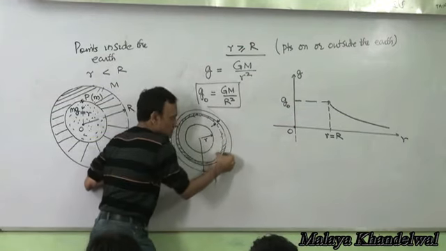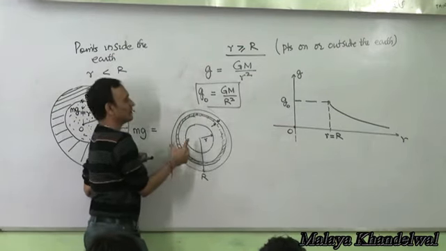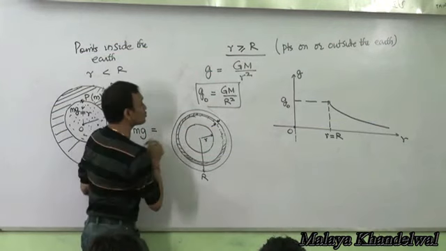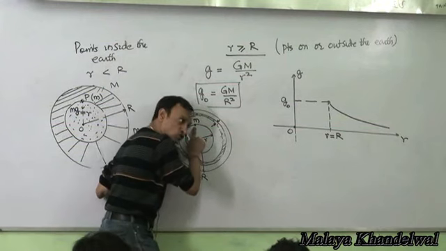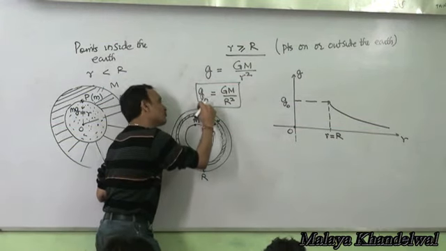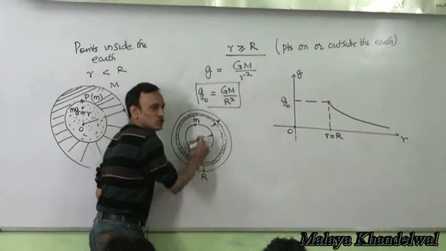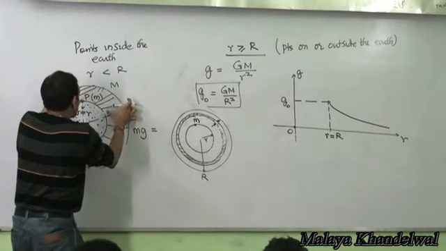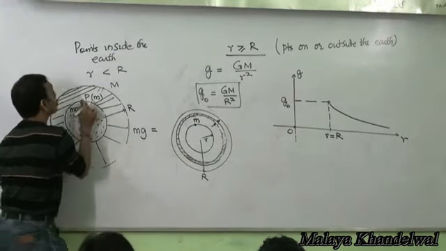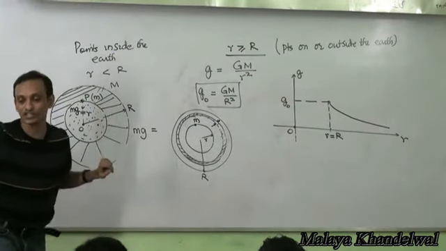Now each of these shells will exert no net force on small m. So the sum of the forces experienced by all these shells on small m will be 0. That means the gravitating influence of this shaded region on this mass small m is 0.